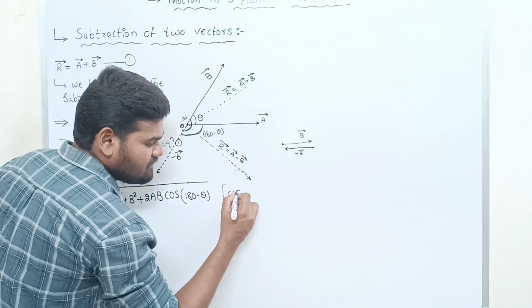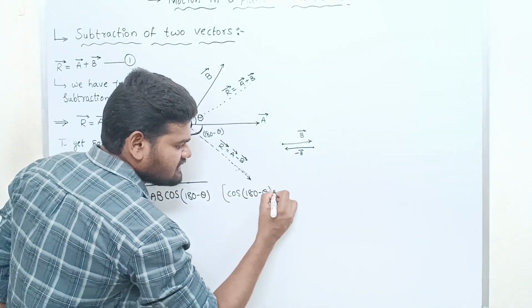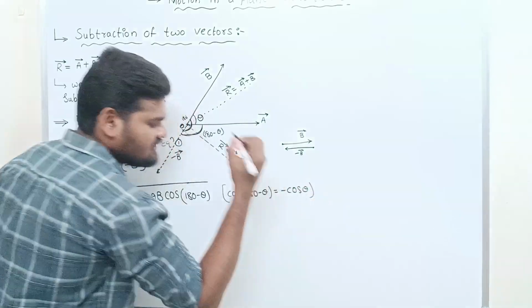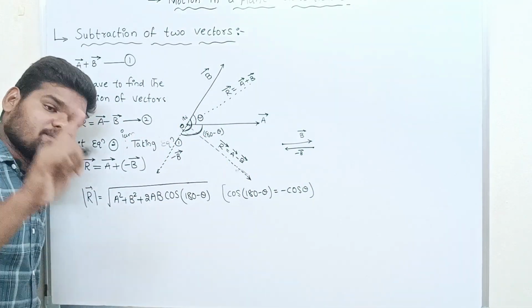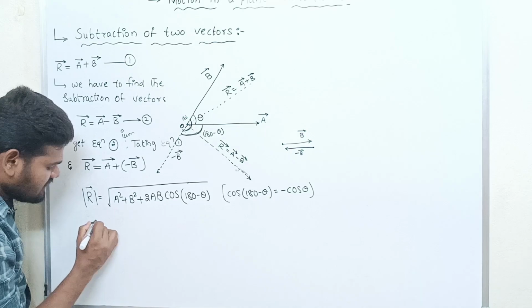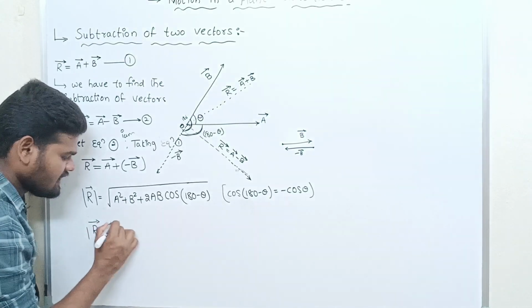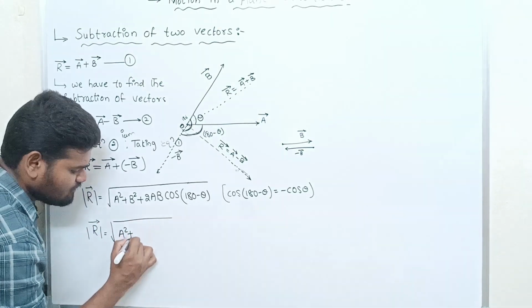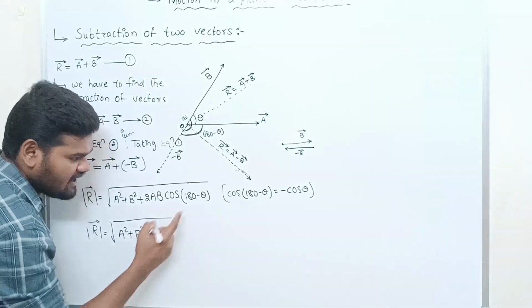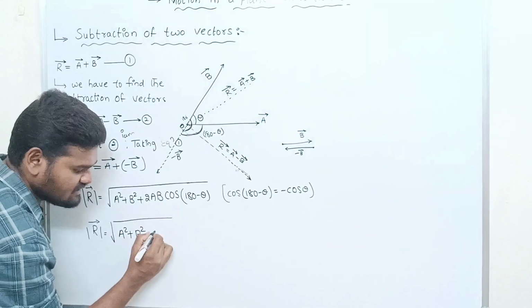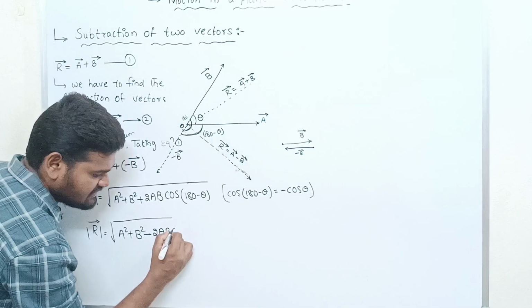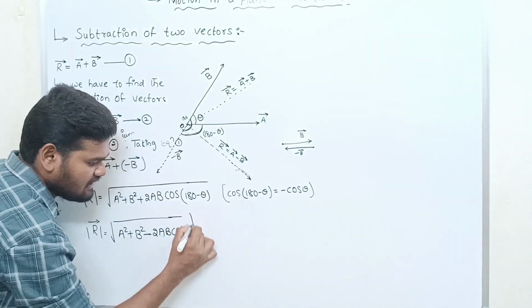So cos of 180 minus theta is equal to minus cos theta. Then magnitude of r bar vector is equal to under root of a square plus b square plus minus 2ab cos theta.